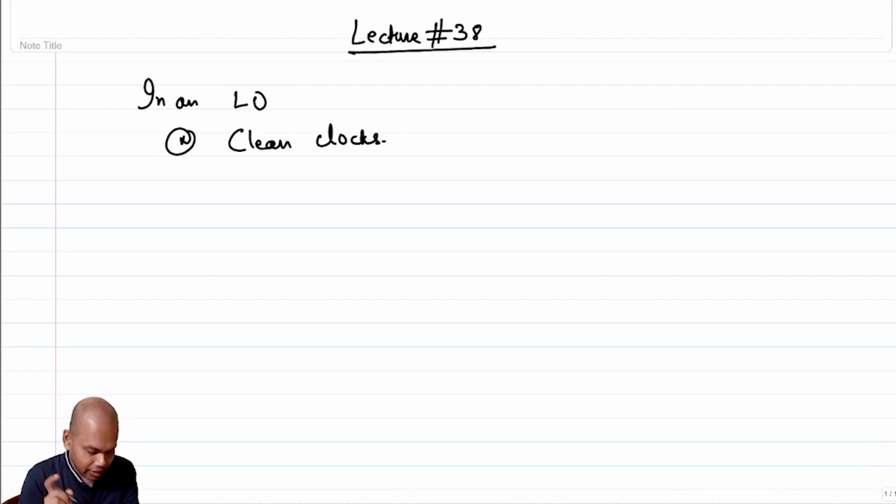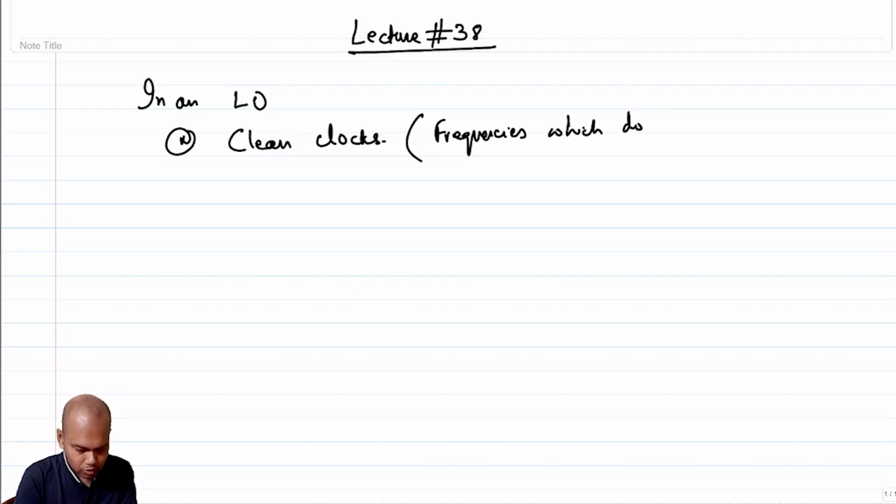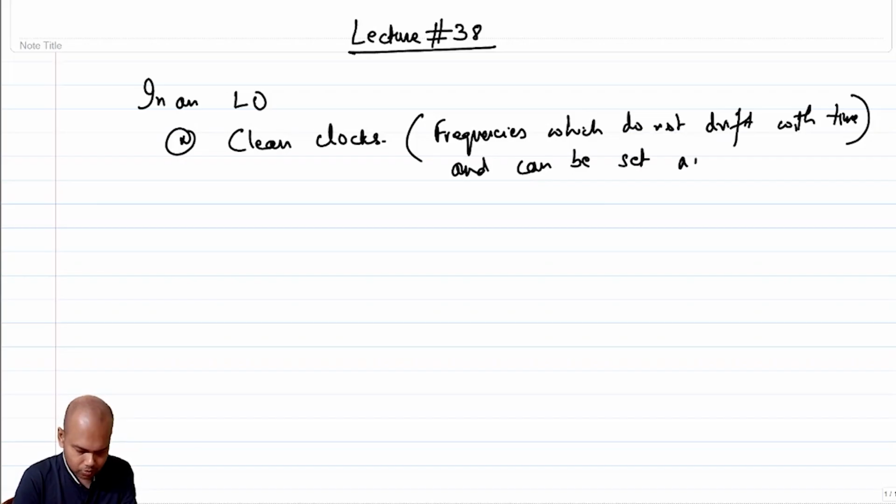When I say clean clocks, I mean frequencies which do not drift with time and can be set accurately, right?